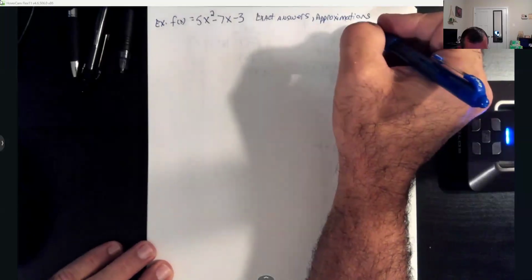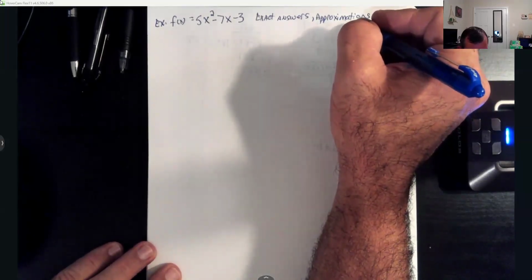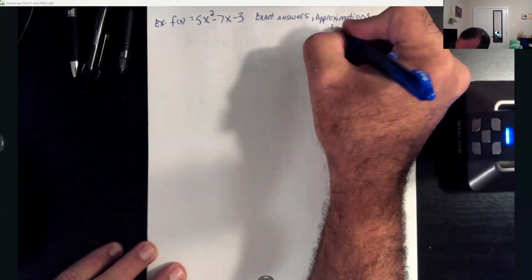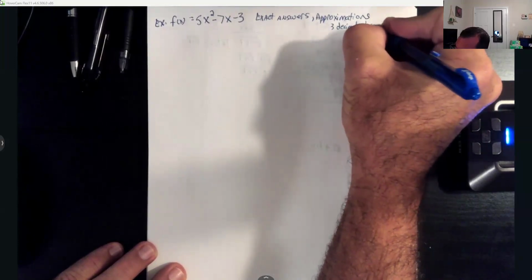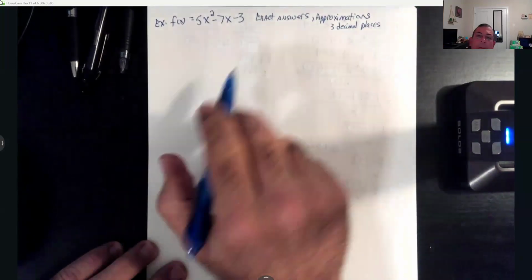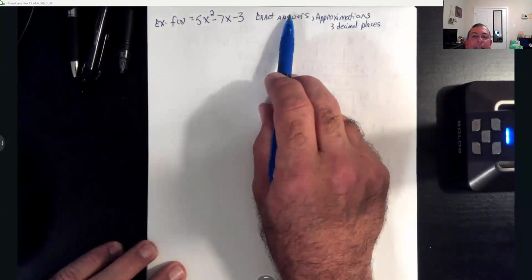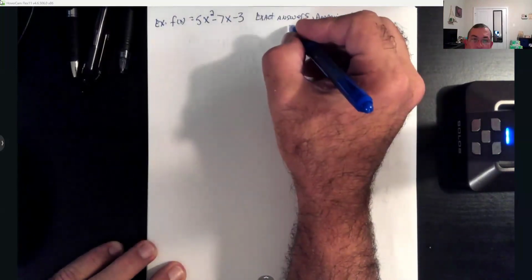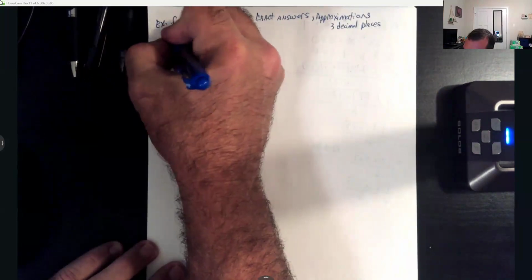Now, on the approximations, they want me to go out 3 decimal places. Okay, so I use my calculator for the approximations. Exact answers means with the radicals, okay? Approximations is with decimals. So let's set that equal to 0.